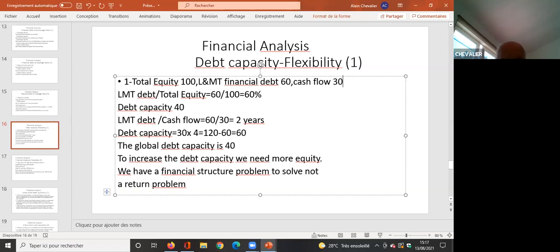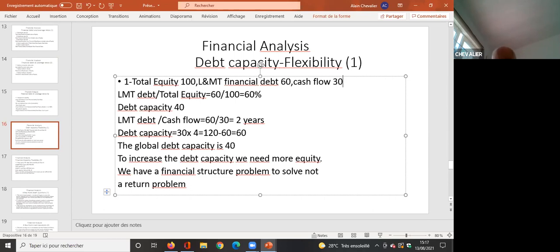Yeah, what does it mean in terms of financial policy? In that case, the constraint which is tight is the first one. The debt capacity of 40 is coming from the structure of the right side of the balance sheet.